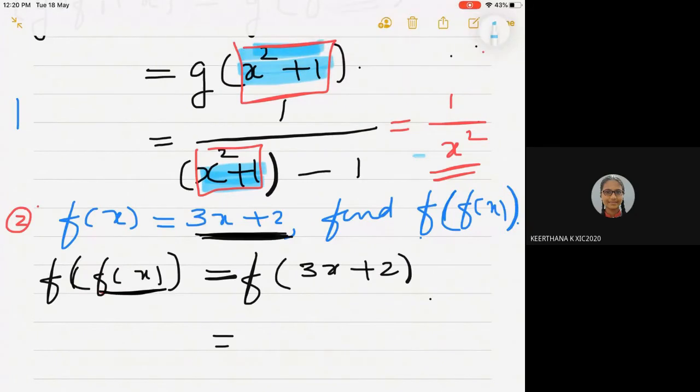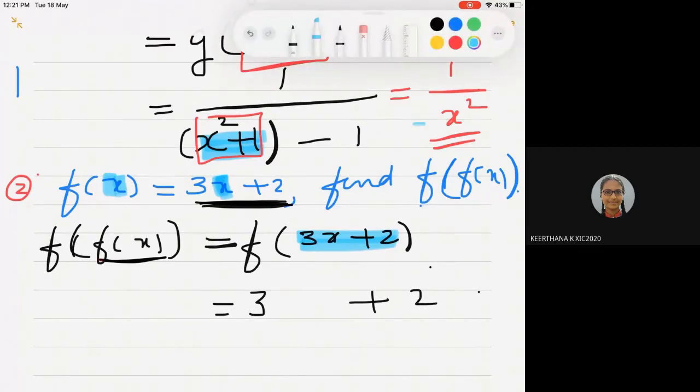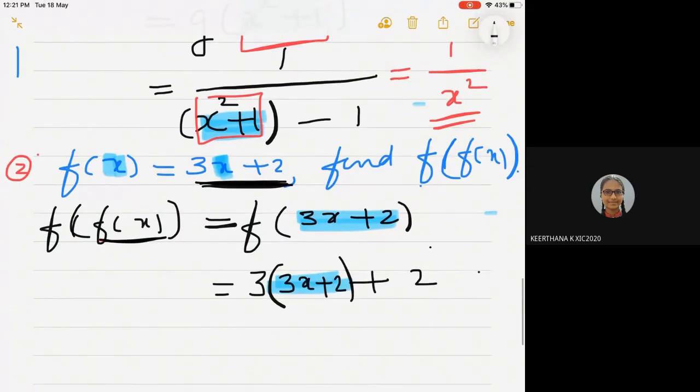When you remove f of x to an algebraic expression, what are the changes? 3 into x plus 2. So in place of x, you have to use now here 3x plus 2. So x is replaced by 3x plus 2. It will be 3x plus 2 plus 2. And the final answer is 9x plus 6 plus 2, which is equal to 9x plus 8.